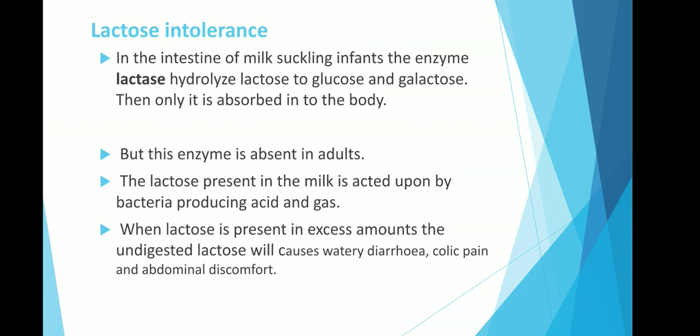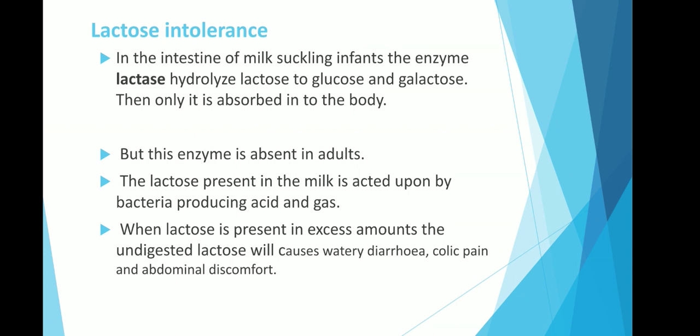But in the case of adults, this enzyme is absent. So the lactose present in the milk is acted upon by bacteria, producing acid and gas. When lactose is present in excess amount, the undigested lactose will cause watery diarrhea, colic pain and abdominal discomfort. So this condition is called lactose intolerance.